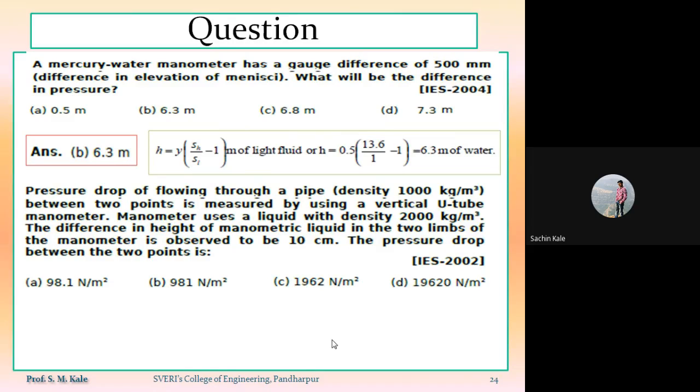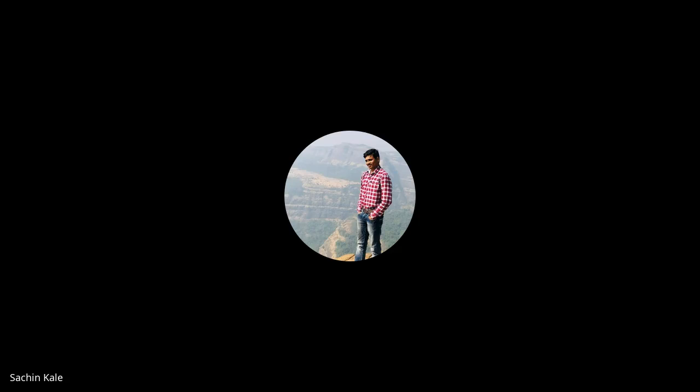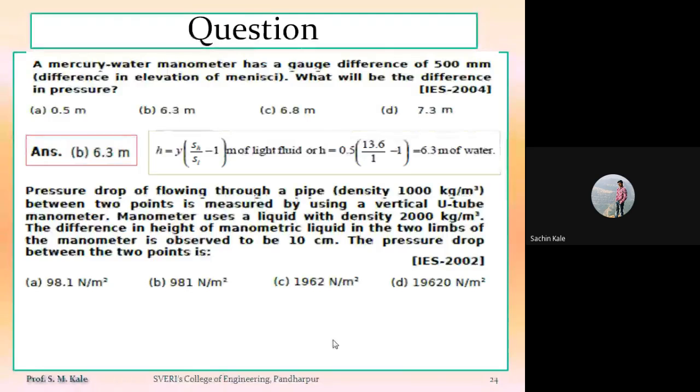And to measure the pressure drop between 2 points, we are using the manometer. In that manometer we are using a manometric fluid which has a density of 2000 kg per meter cube. They have not mentioned whether we are using mercury or oil or anything else. They have simply given the density as 2000 kg per meter cube.